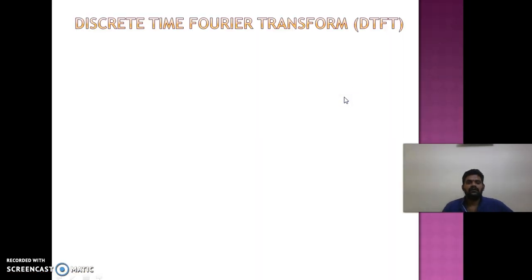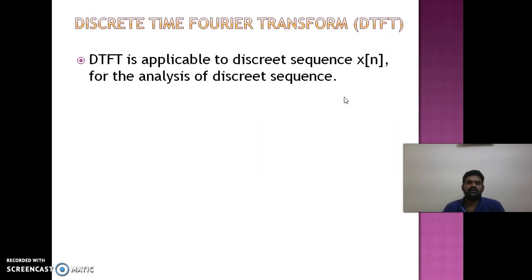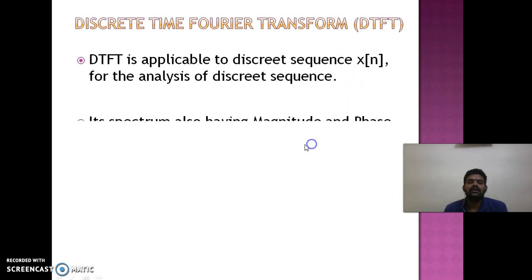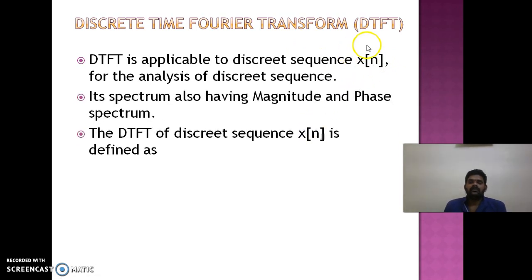The discrete time Fourier transform is applicable to the discrete sequences x of n, whereas the continuous Fourier transform is applied to non-periodic time signals x of t. It is also a complex function, so it has magnitude as well as phase spectrums.